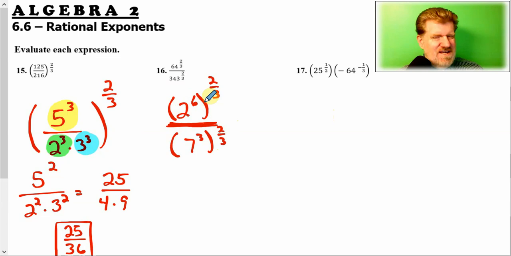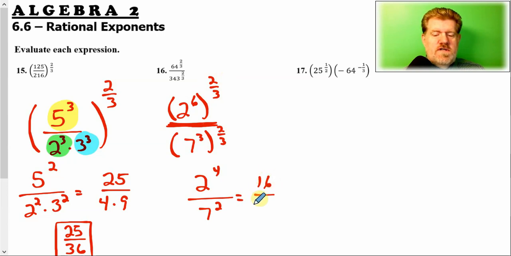I had to put it on my calculator and figure it out. But that's what it is. Well, now that's good because now we just take it to the exponents. So 6 times 2/3 is 12. 12 divided by 3 is 4. For the 7, 3 times 2 is 6. 6 divided by 3 is 2. It's 7 squared. Well, that's 16 over 49.